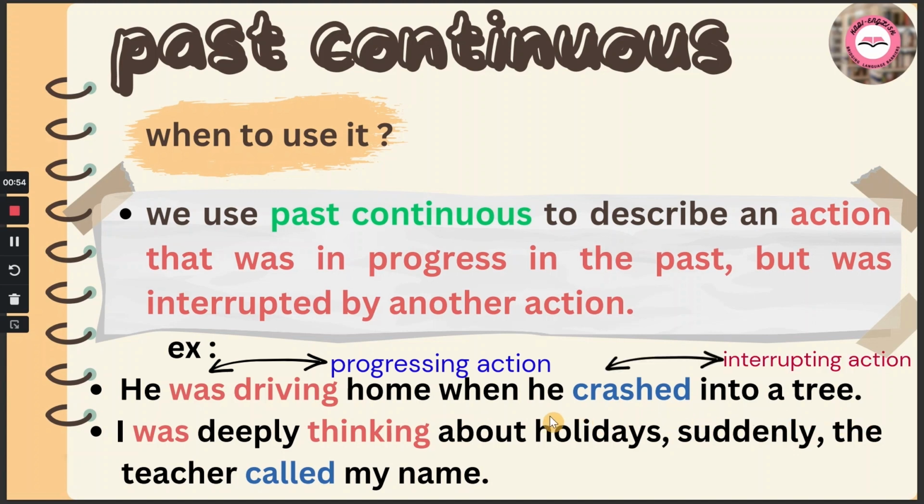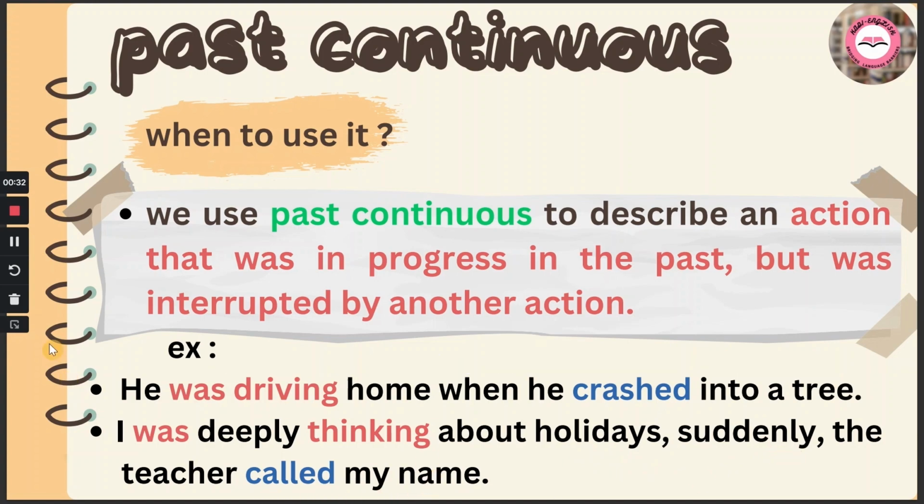So the action that was in progress is in the past continuous, and the interrupting action is in the simple past, okay? The second example: I was deeply thinking about holidays. Suddenly, the teacher called my name.